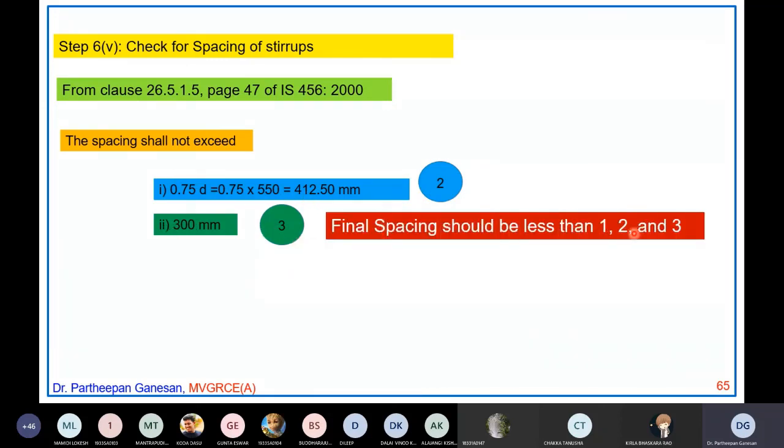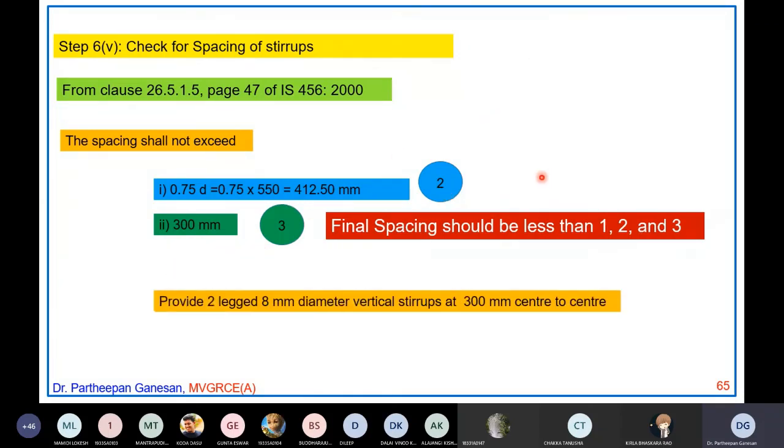So the final spacing should be less than or equal to all these values. So I am providing 2-legged 8 mm diameter vertical stirrups at 300 mm center to center. If 300 may not be exactly right, you can provide 295, 290, 275, whatever.